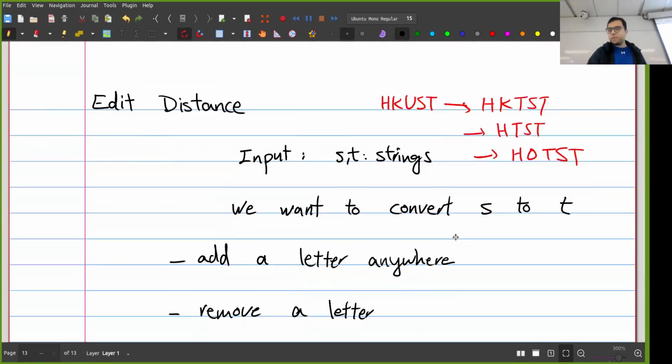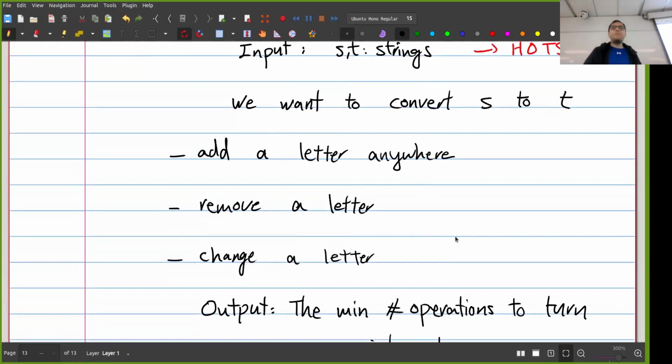By the way, in some textbooks, they say you start from both S and T, you can do these operations on both of them. It doesn't really matter. If you can change, add and remove in one string, or you can do it in both of the strings, it doesn't really make a difference. So adding to one string is like removing from another.